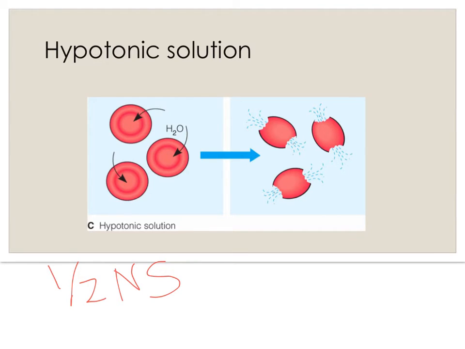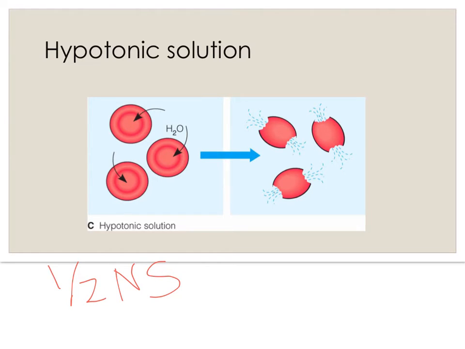So hypotonic solutions hydrate the cell, and it shifts fluid from the intravascular space to the intracellular and interstitial space. And if we give too much, they can actually cause the cell to swell and could actually even rupture the cell. And so that's a hypotonic solution.